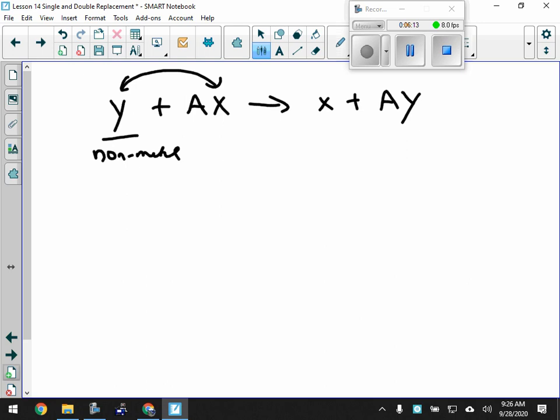This right here is what determines what type of single replacement reaction we're going to have. If this is a metal, listen closely, this was last day, metal switches with the metal. If it's a non-metal, it switches with the non-metal. Whatever this is tells you that.